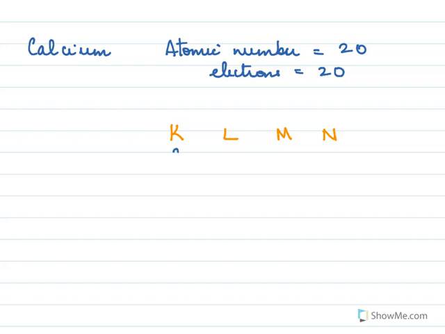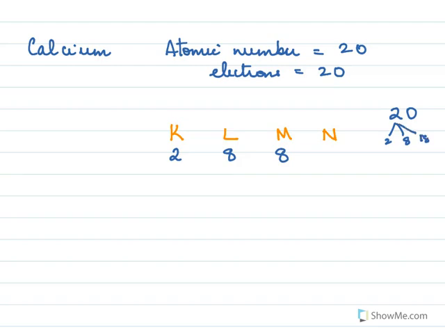The first one always takes up 2. So out of the 20, 2 are done. Then we take another 8, so 2 plus 8 became 10. Then we take another 8. So now we've got 18.